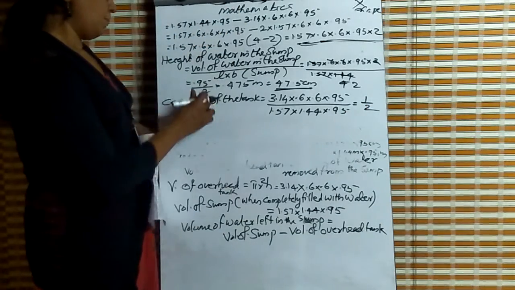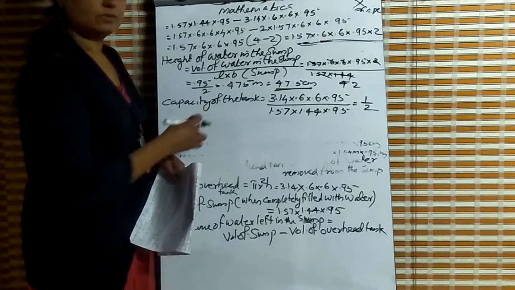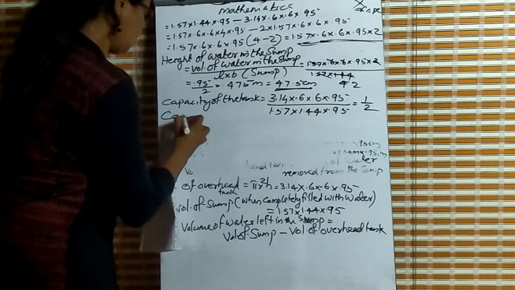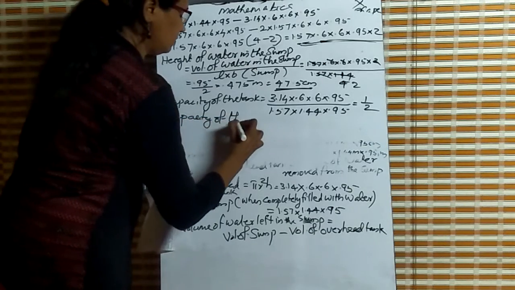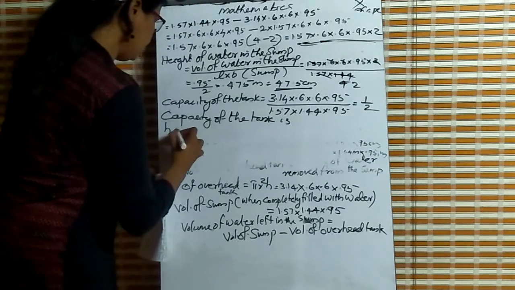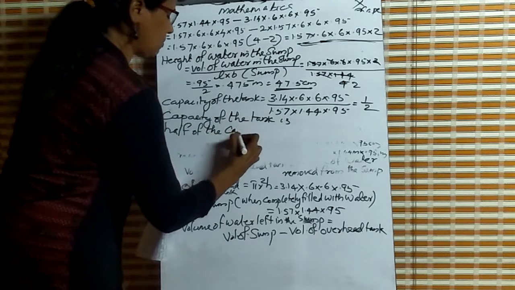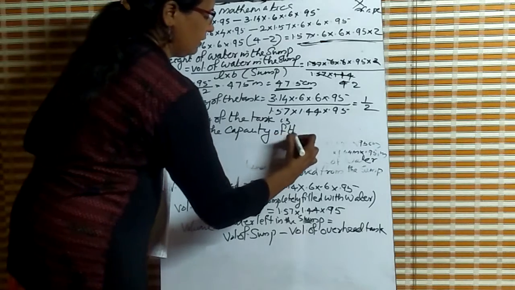That means the capacity of the tank is half of the capacity of the sump.